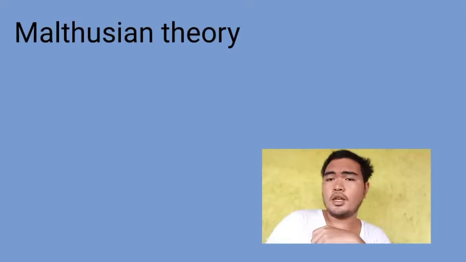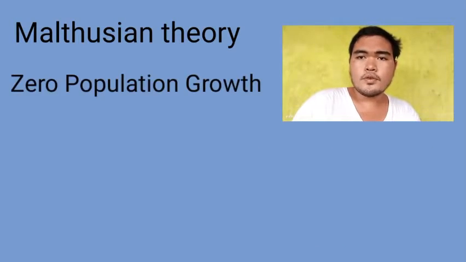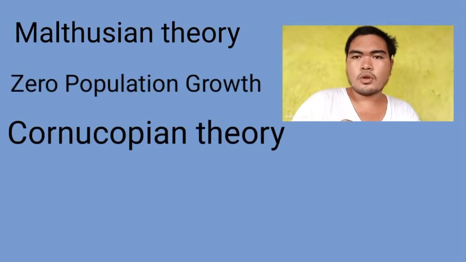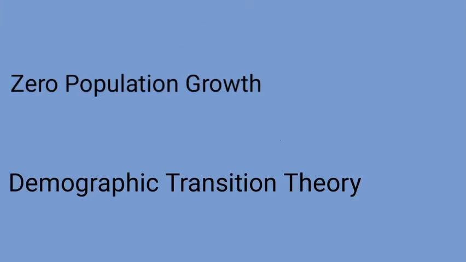Let's talk about the theories of demography: Malthusian theory, zero population growth, cornucopian theory, and demographic transition theory.